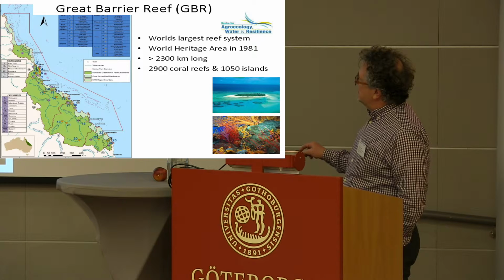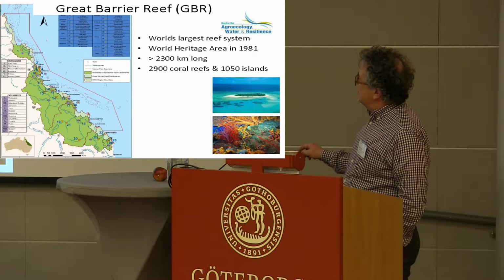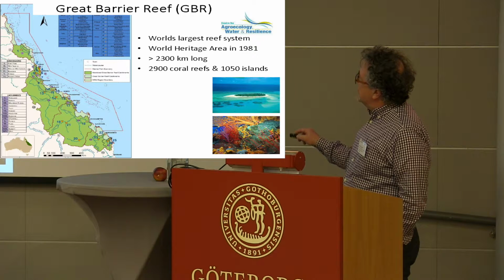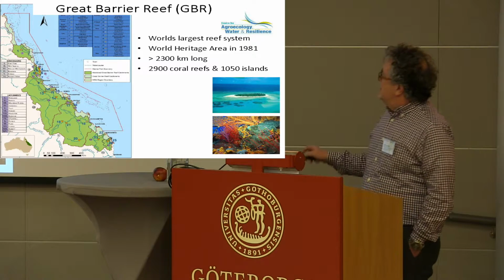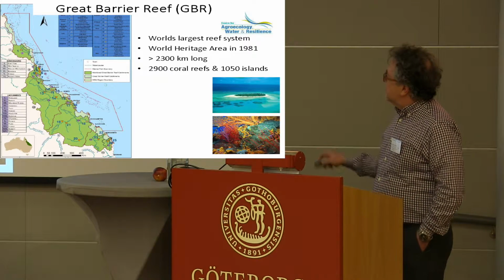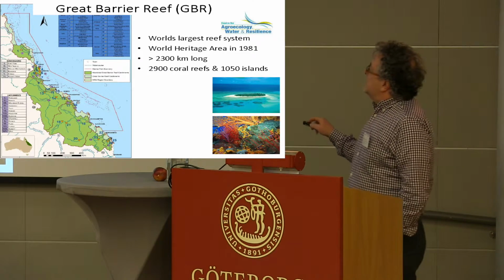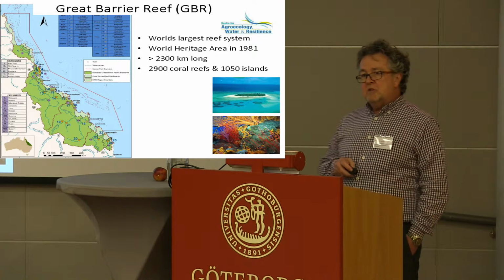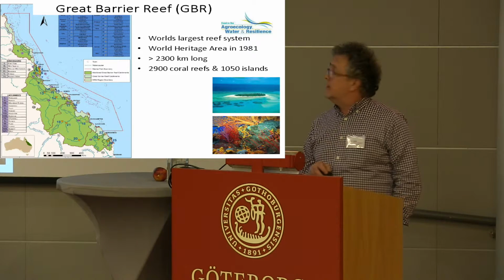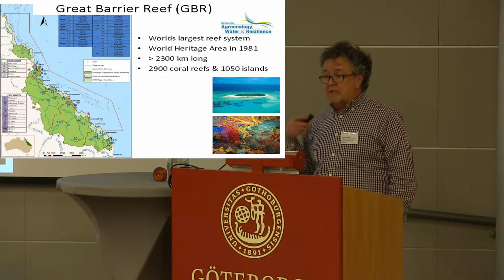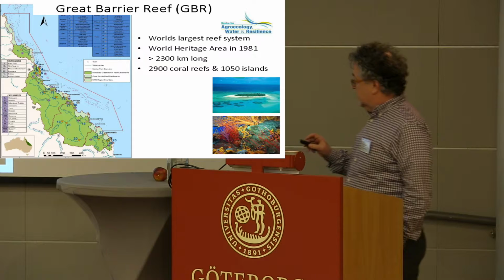The Great Barrier Reef, the green here is the same as the green down here. And basically that's the land which is adjacent to the Great Barrier Reef, okay? Brisbane is just there. So it runs for about 2,500 kilometres along the coast, and it's a World Heritage Area. And so it's very much on the international radar.